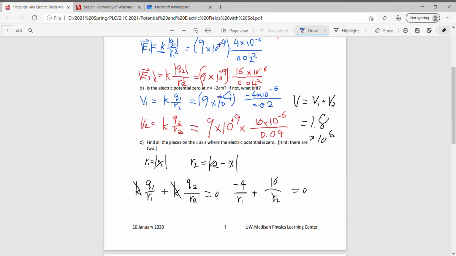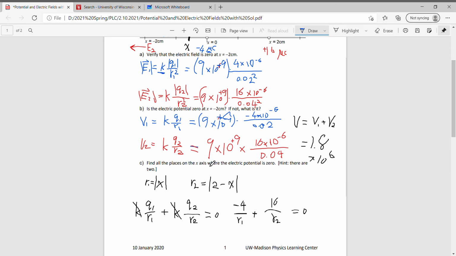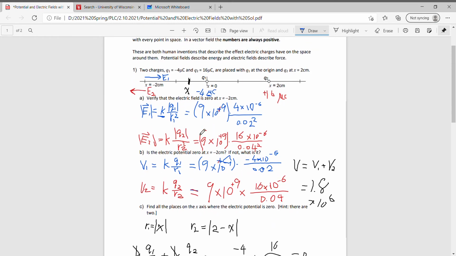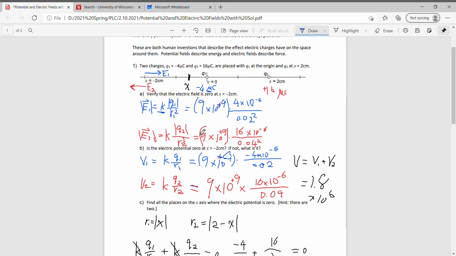Okay, and then the third question: find all the places on the x-axis where the electric potential is 0. Let's assume that the unknown position is x.